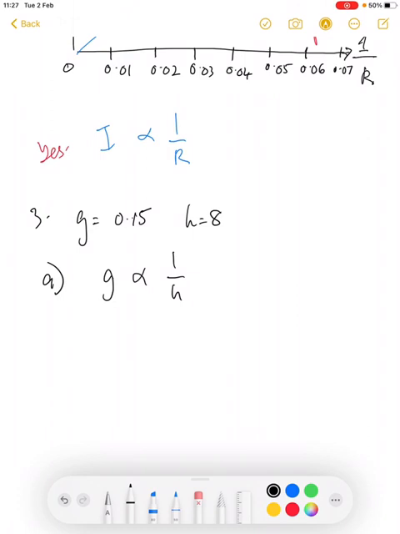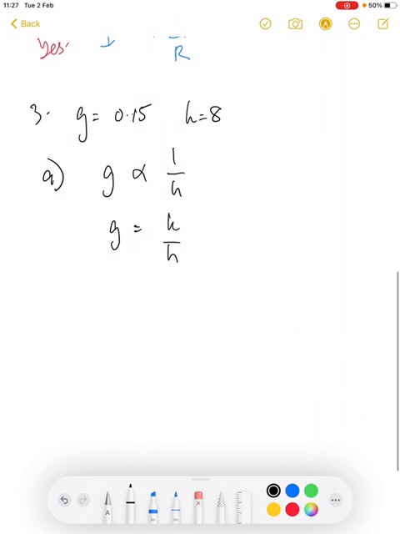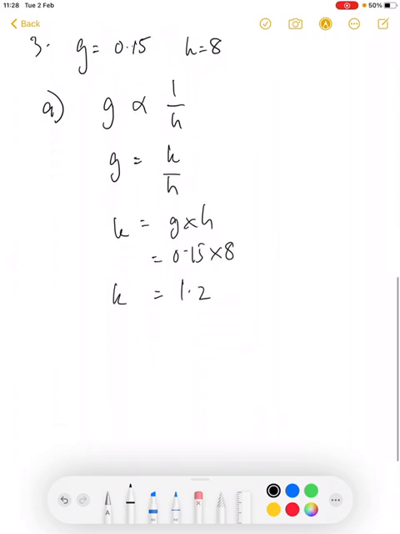So here is the variation relation. The equation will be g equals k over h. So k equals g times h, 0.15 times 8 equals 1.2. So k equals 1.2. The question asks us to express g in terms of h. So g equals 1.2 over h.